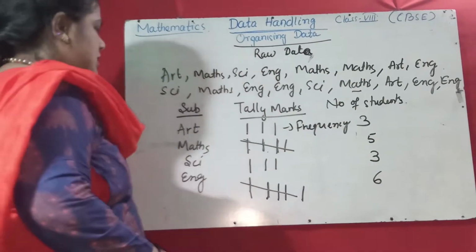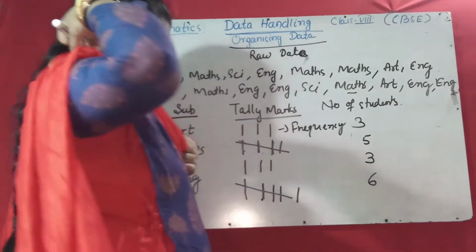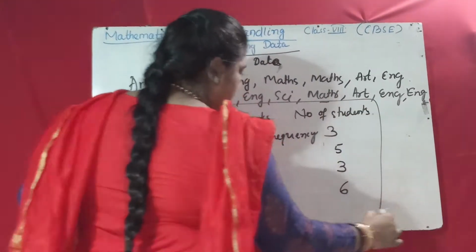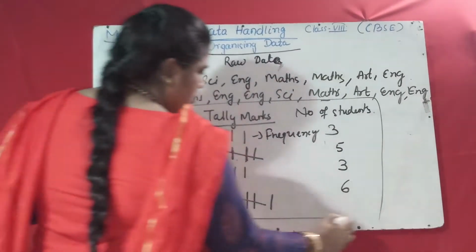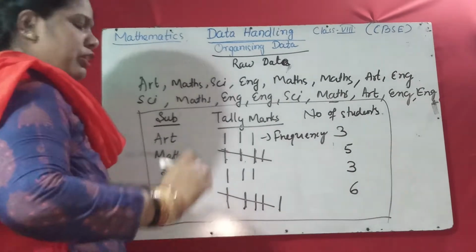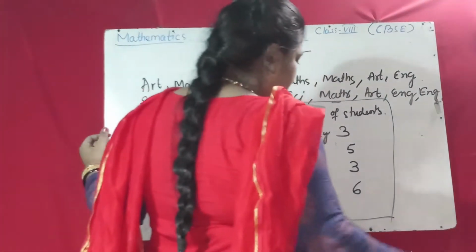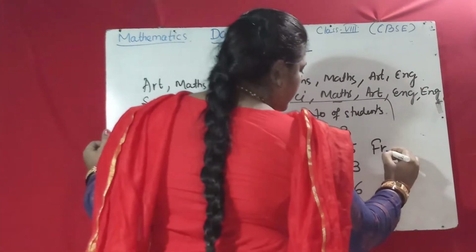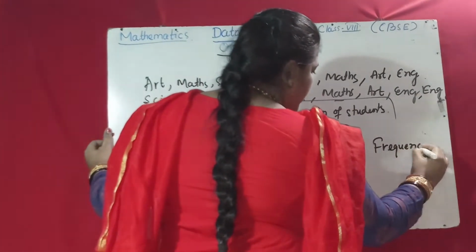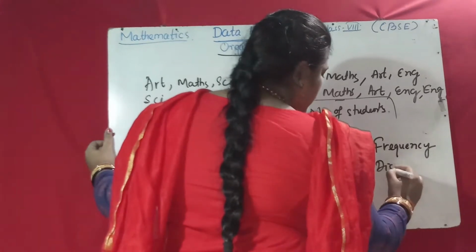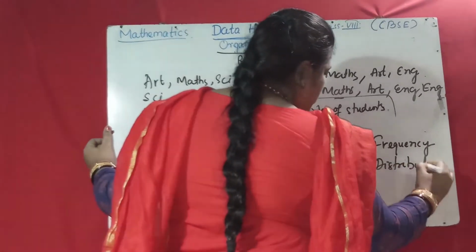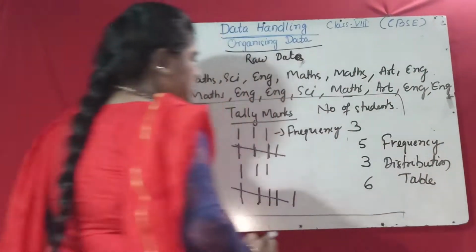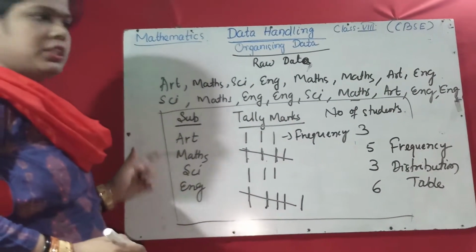So totally this is called a frequency distribution table. This totally you made the data table. This is called a frequency distribution table.